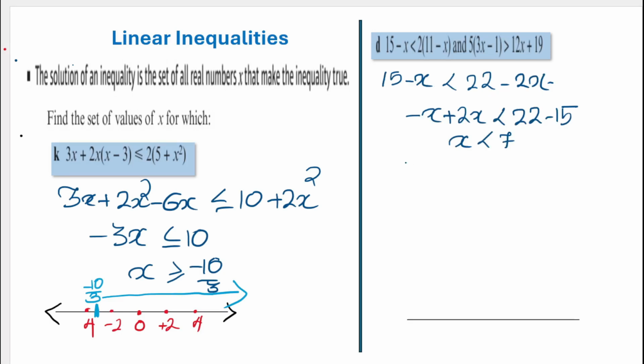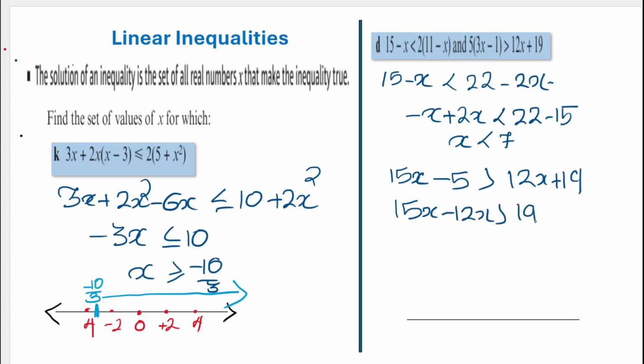Now expanding the bracket for the second inequality: 15x - 5 > 12x + 19. Now rearranging, 15x - 12x > 19 + 5. That's 3x > 24. Now x > 8.